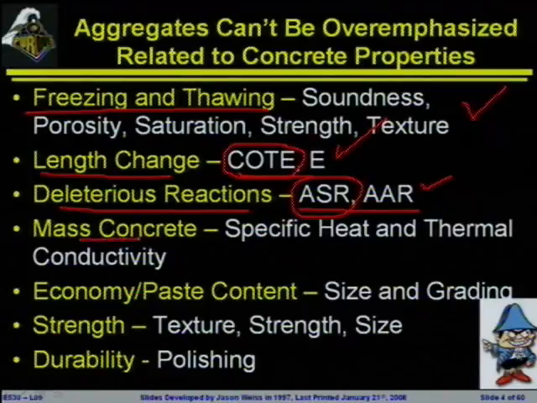Mass concretes, the aggregates are going to be incredibly important because they're going to dictate things like the thermal conductivity of the concrete, how quickly it gives off heat. They're going to also dictate how much cement is in the system per cubic yard. So they're going to have a big impact on how much heat is developed in the concrete when it hydrates. And you may say, well, the aggregates aren't doing anything, they're just sitting there.